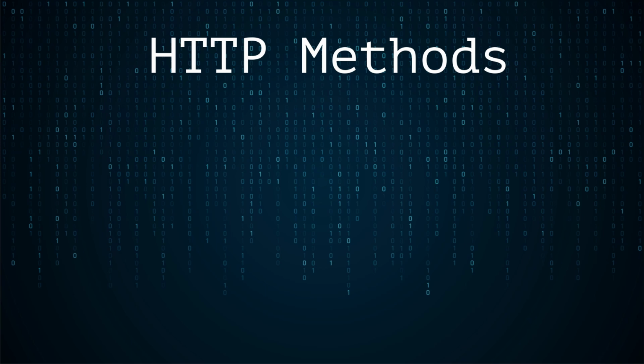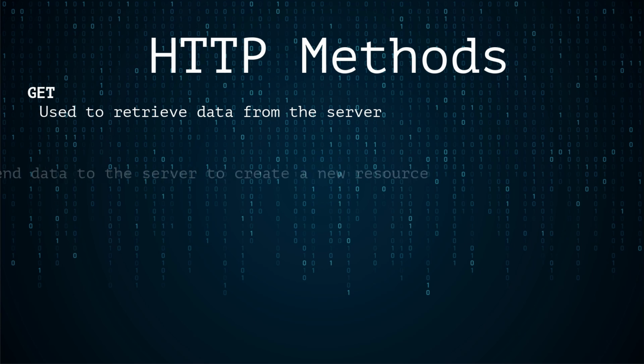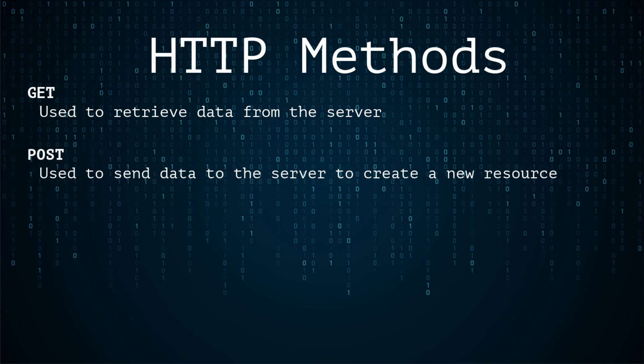When working with APIs, we use various HTTP methods to interact with resources. The most common methods are GET, POST, PUT, and DELETE. Let me explain each of these methods using our restaurant analogy. GET is used to retrieve data from the server. It's like asking the waiter to bring you a menu so you can see what dishes are available. POST is used to send data to the server to create a new resource.